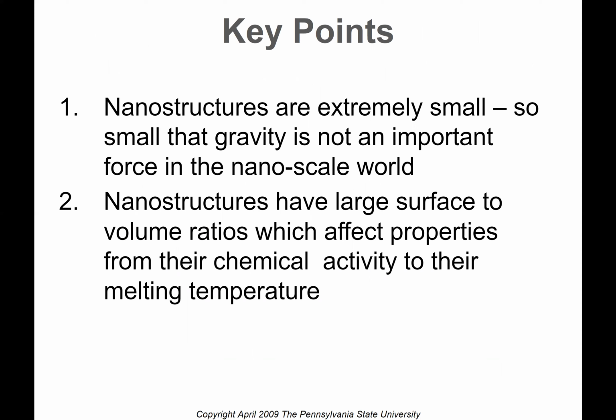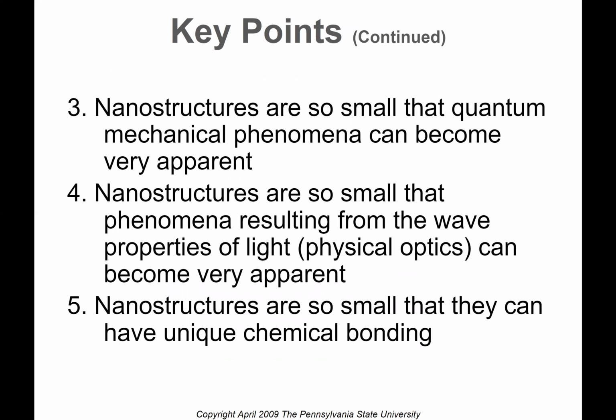Nanostructures are extremely small, so small that gravity is not an important force in the nanoscale world. Nanostructures have large surface to volume ratios, which affect properties from their chemical activity to their melting temperature and optical properties. Nanostructures are so small that quantum mechanical phenomena can become very apparent.